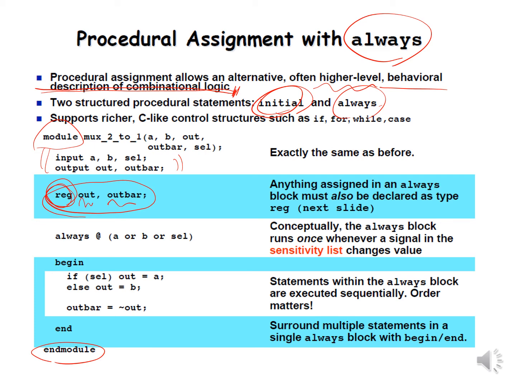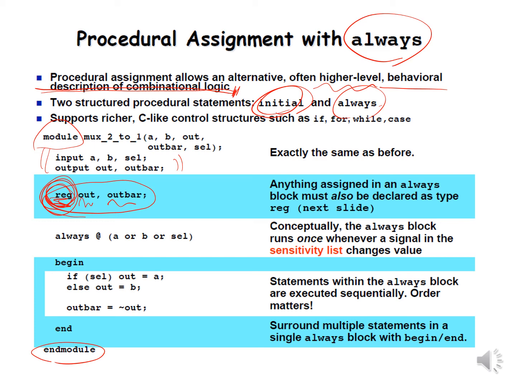So the output is defined by the register type. This register type doesn't mean this is an actual register. This means we are going to use that variable for the procedural assignment. That's how you declare that type.